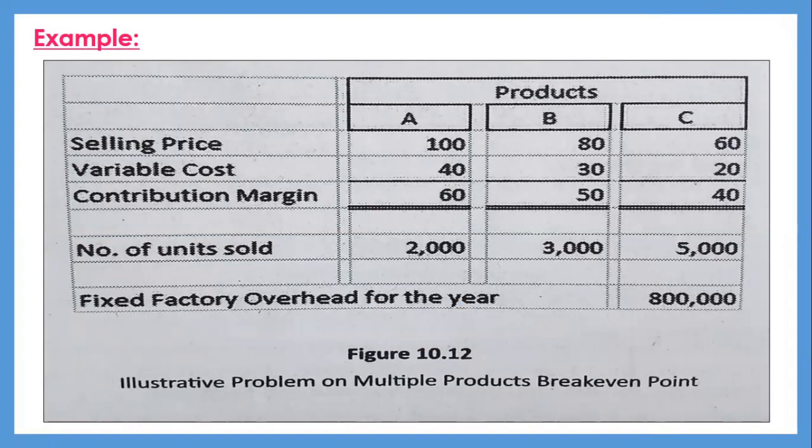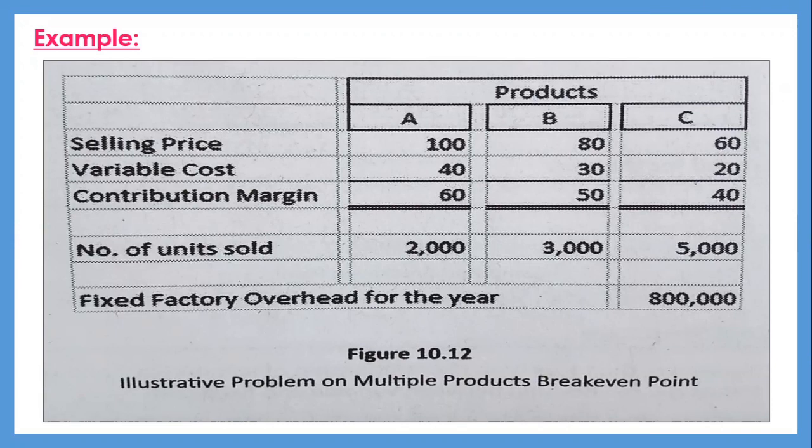So as you can see, we have three products. In this case, we have product A, product B, and product C. For product A, the selling price is 100. For product B, that's 80. And for product C, that's 60. For the variable cost for product A, that would be 40. Product B, that's 30.